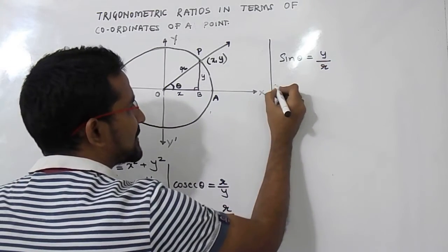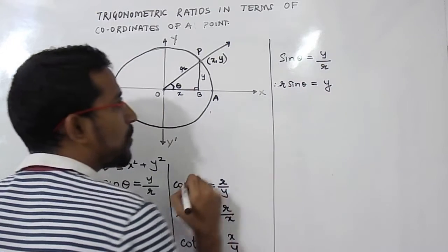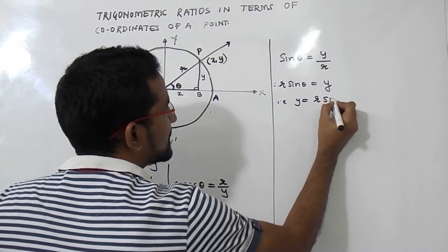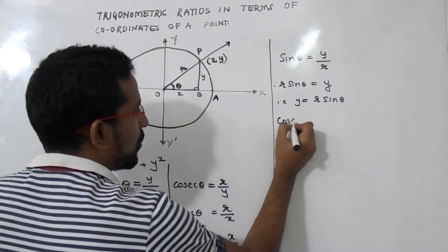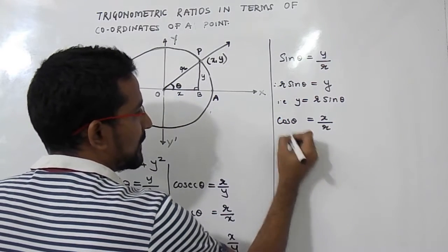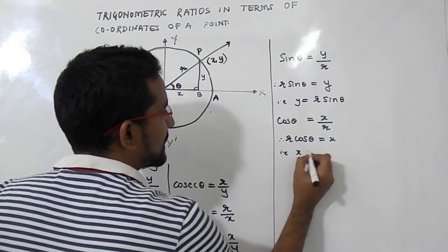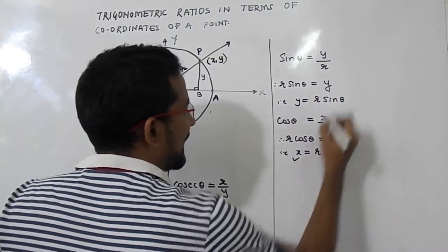Now if you write sin theta equals y by r, and make y the subject, you will get r sin theta equals y, that is y equals r sin theta. And cos theta is x by r, so r cos theta equals x, that is x equals r cos theta. What are x and y here?